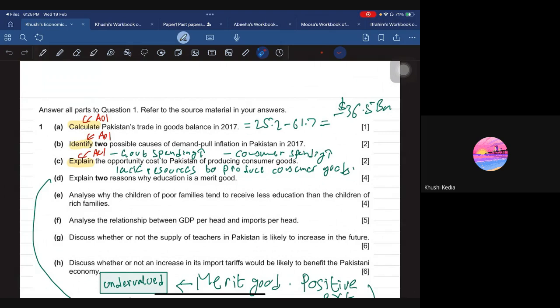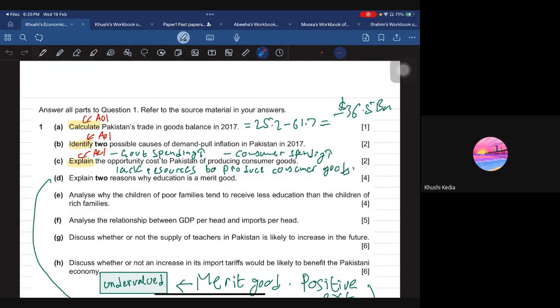The rich get educated, employed, and provide the same facilities for their children. However, the poor don't recognize its importance and the poverty cycle continues. Very good.